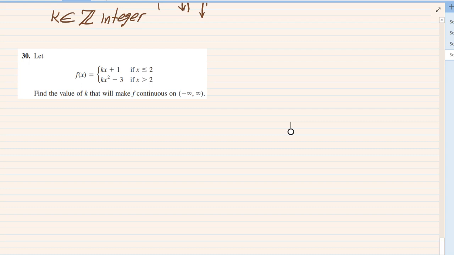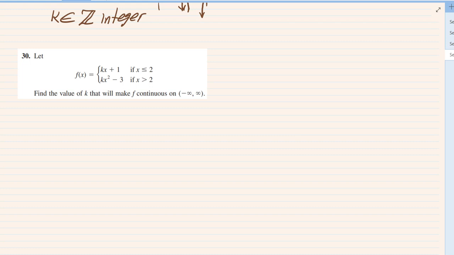Remember, it looks like x is going to approach 2, right? Because that's what these two suggest. So we need the limits of the two functions to be equal to each other at x equals 2 in order to have continuity everywhere, right?